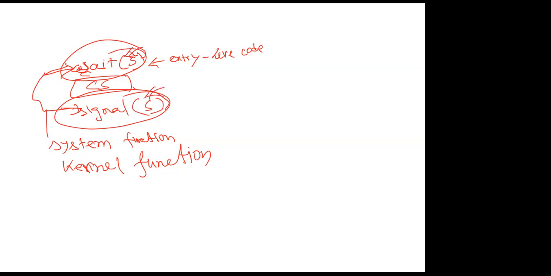Okay? Now let's check how the wait and signal work. Before we go into the wait and signal functions in detail, suppose you have any number of processes, say P1, P2, P3, P4, a total of 4 processes, and let's consider each process has a critical section.